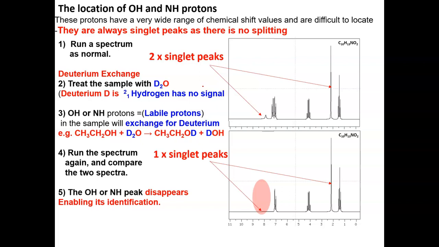The peak that disappears is the OH or NH peak, which has now been replaced with a D, so it won't give us a signal. So all we do is look for a second spectrum run with D2O and look for the missing peak, and that was our OH or NH peak. That is called proton exchange, and we use deuterium oxide because it doesn't give us a signal.